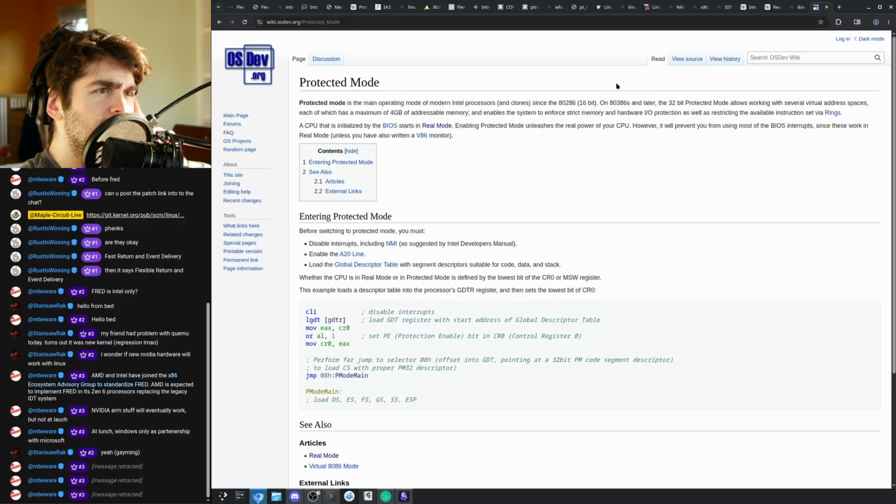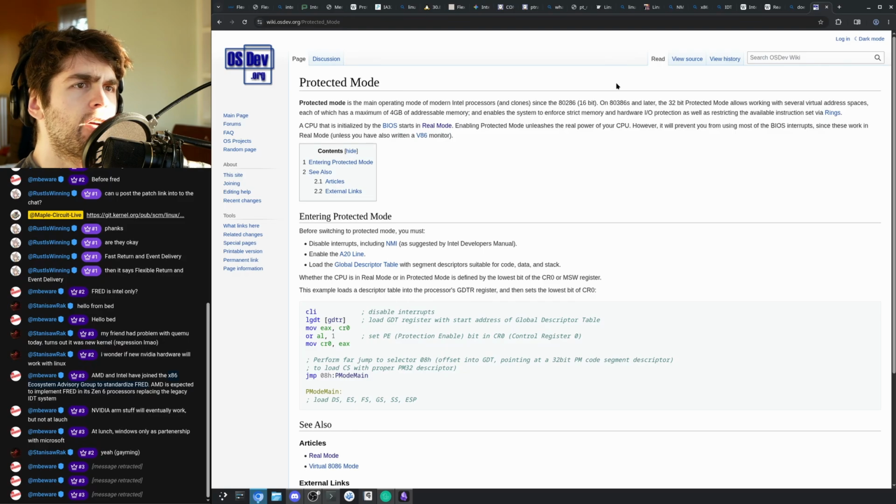The 32-bit protected mode allows working with several virtual address spaces, each of which has a maximum of 4 GB of addressable memory, and enables the system to enforce strict memory and hardware I/O protection, as well as restricting available instructions via rings.